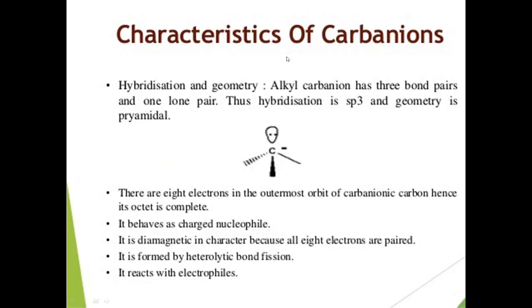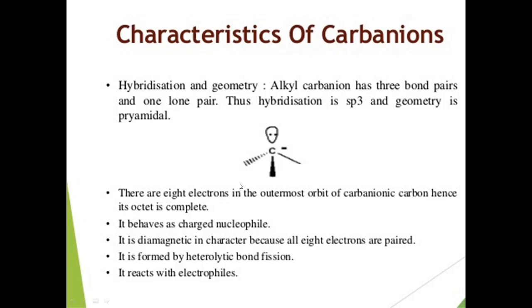Now the characteristics of carbon anions: the hybridization and geometry. The carbon anion has 3 bonds with 3 different substituents and one lone pair. Hence the carbon is sp3 hybridized and has a pyramidal geometry.